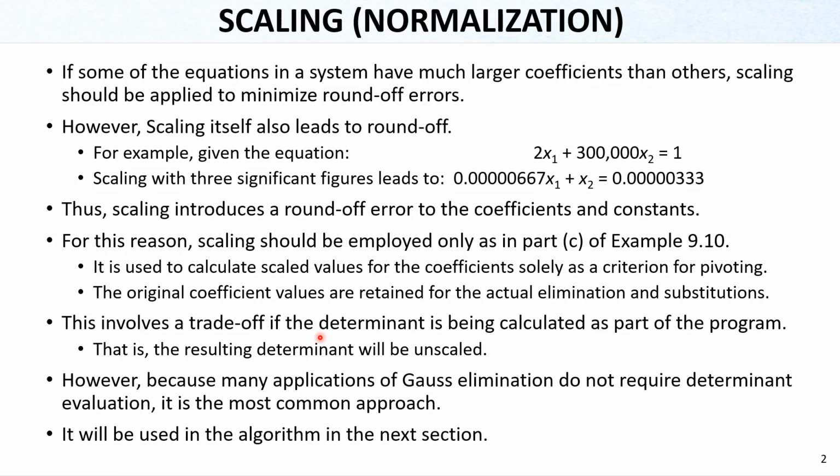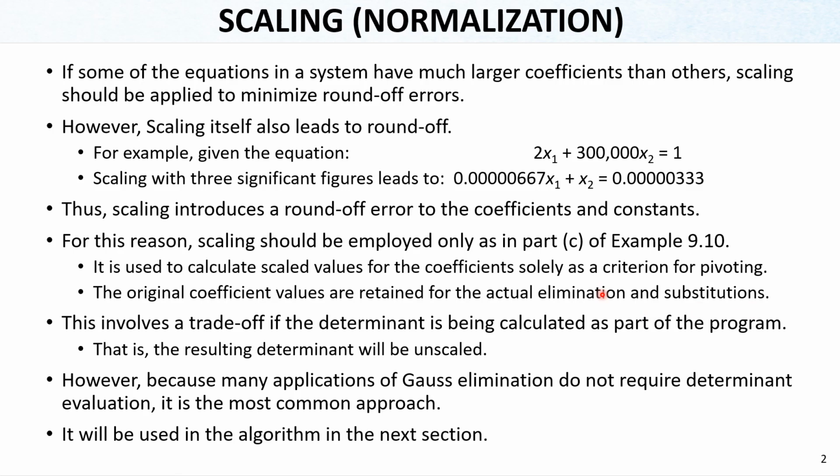If these are correct, then we can say that we have a good system of equations rather than checking the determinant in that scenario. But if you really want to find the determinant, then you will do normalization and then elimination as an additional step maybe. So the most common approach is to use scaling or normalization for pivoting, then use original coefficients for elimination and substitution.